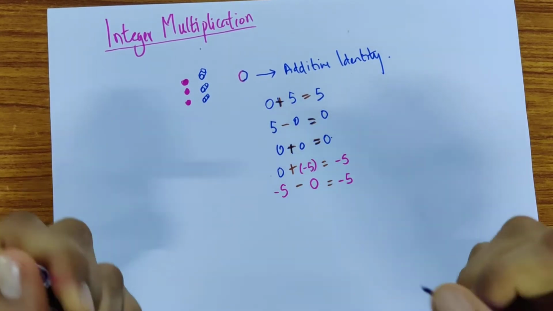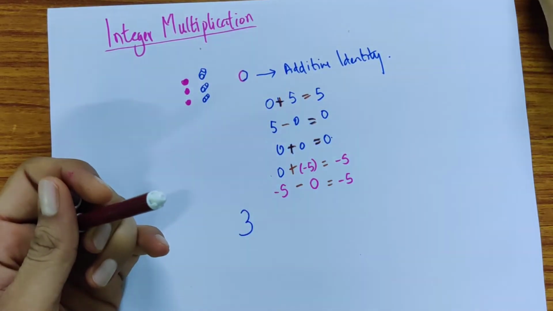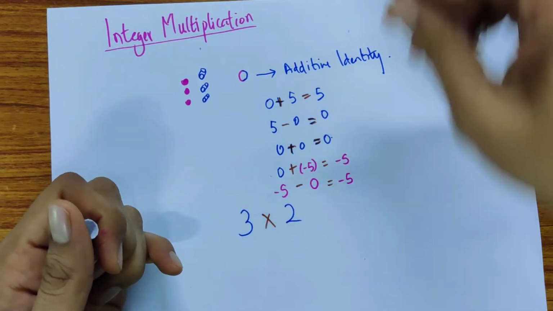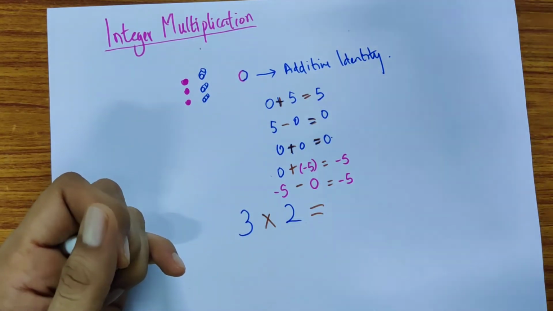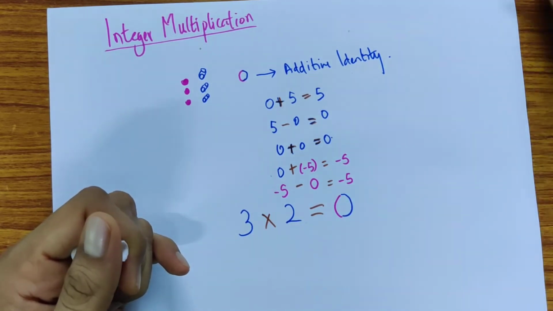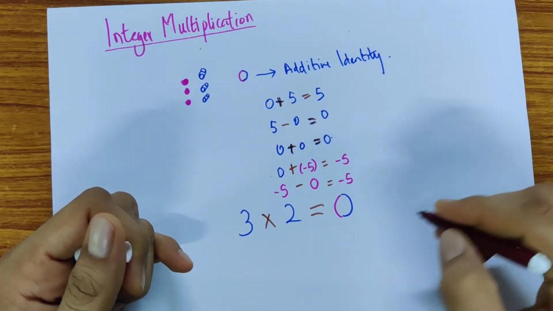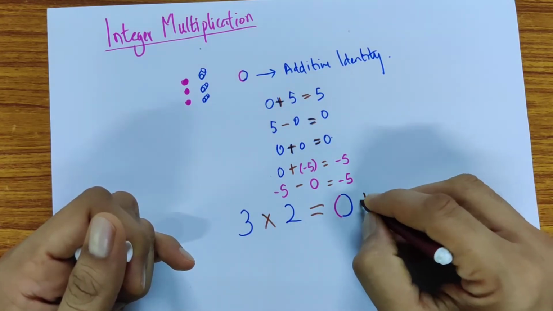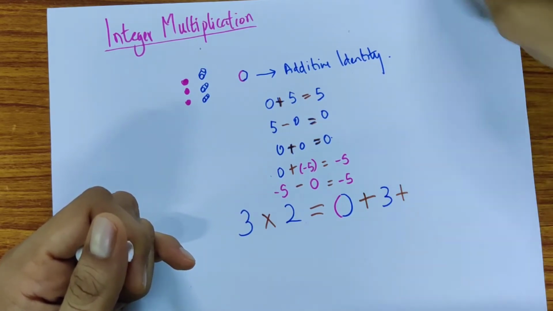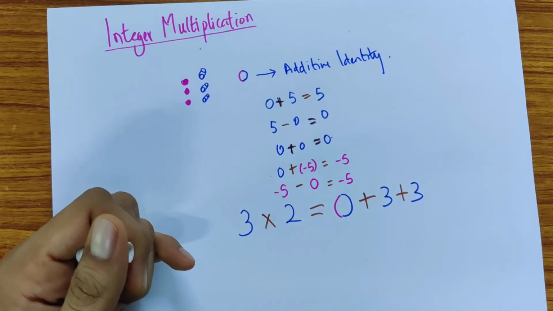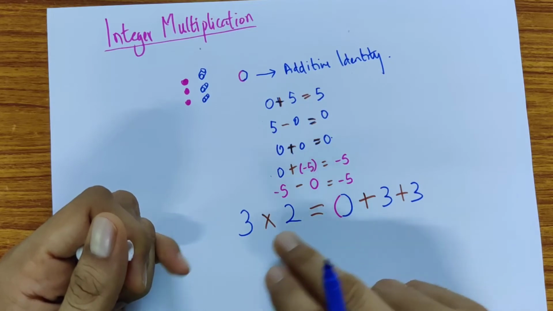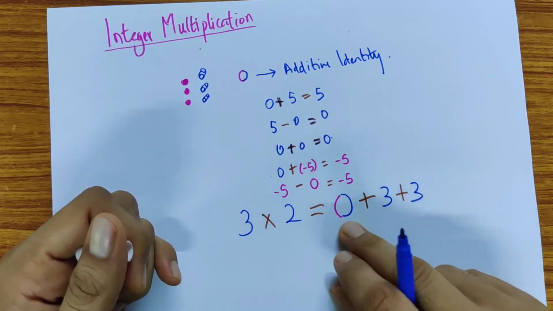So the definition of multiplication, let's say 3 times 2, actually starts with 0. And what we are saying is 3 has to be added 2 times to 0. This is the definition of multiplication. So 3 times 2 is 3 added 2 times to 0.